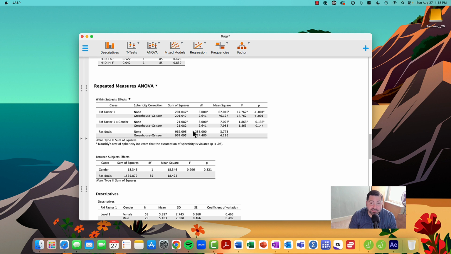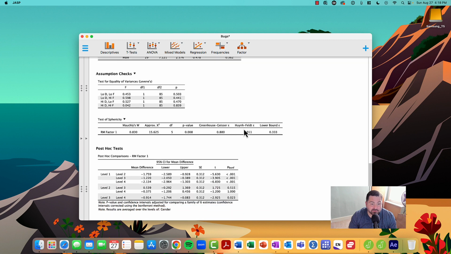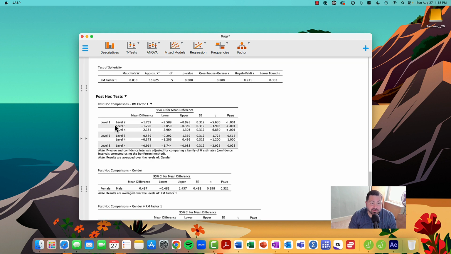So because we have a significant repeated measures ANOVA and not a significant mixed factorial ANOVA, we could scroll down to the post hocs and only explore the difference for those post hocs for the repeated measures factor. And very similar, you can see that level 1 versus level 2, level 1 versus level 3, and level 1 versus level 4, these are all statistically significant because the p-value is smaller than 0.05.